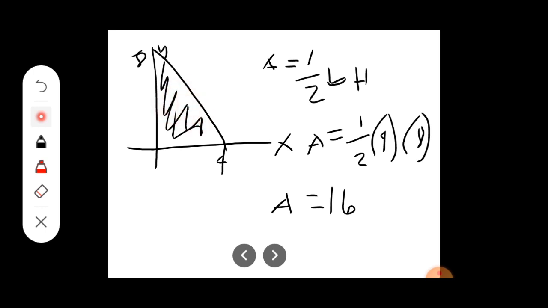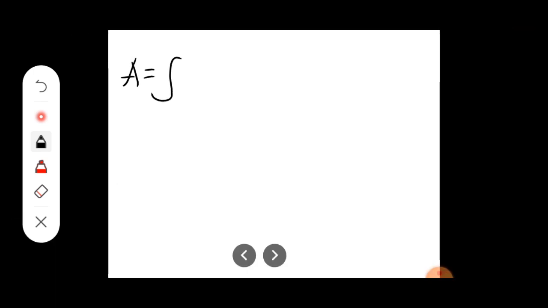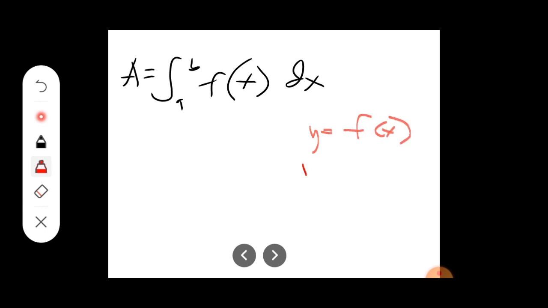But let's use calculus to get the answer as well. We know that the area between a curve and the x-axis is the integral from a to b of f of x dx. As we know, y equals f of x, and y is 8 minus 2x.